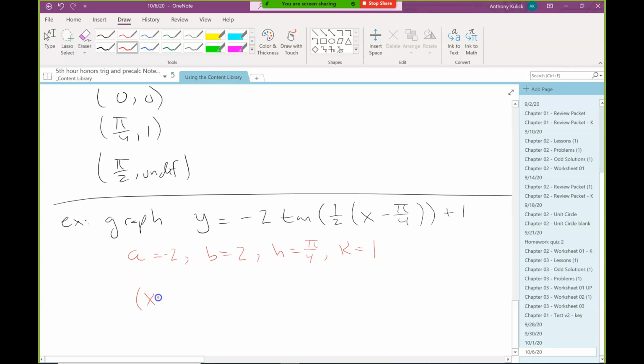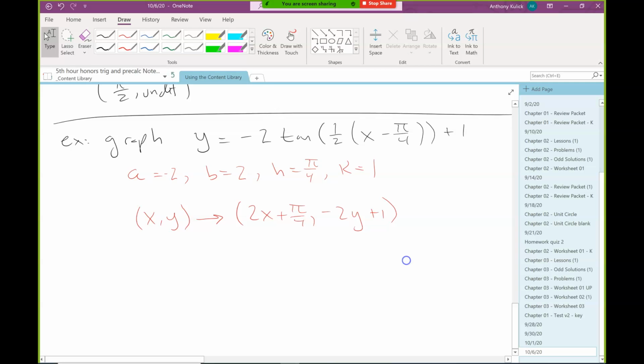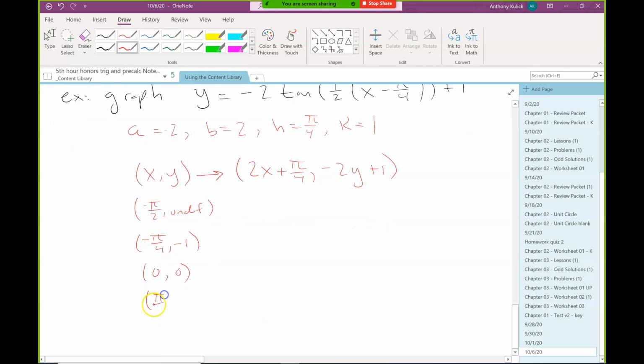Okay. So I'll write my transformation map. I have Bx plus H, and then Ay plus K. And then I'm going to take my key points from before, and we're going to perform our transformation on those key points.